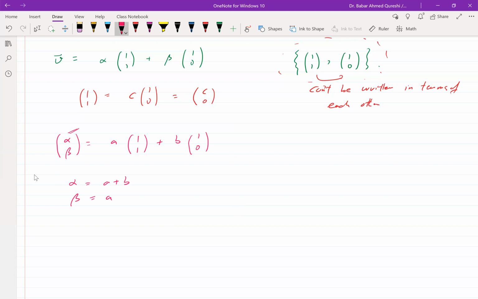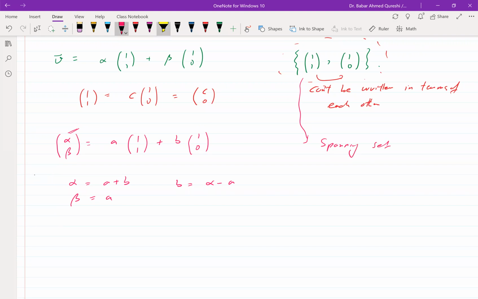This gives us these equations. How do I choose it? From these equations, I see that I put A equal to beta, and then I put B equal to alpha minus A. I had found A and I was given alpha, so I can find B as well. So I can find A and B, which will construct for me any vector (alpha, beta) in R2. So indeed, this set is a spanning set.